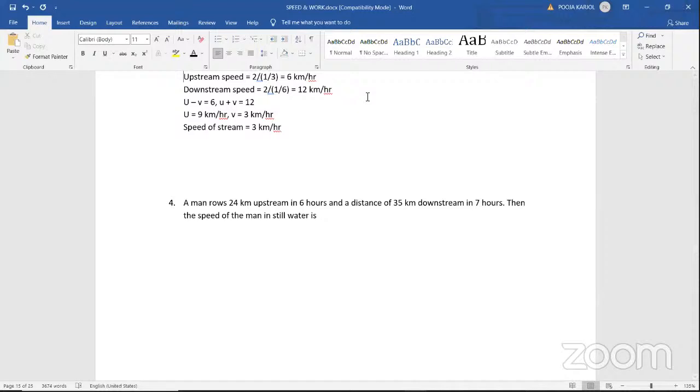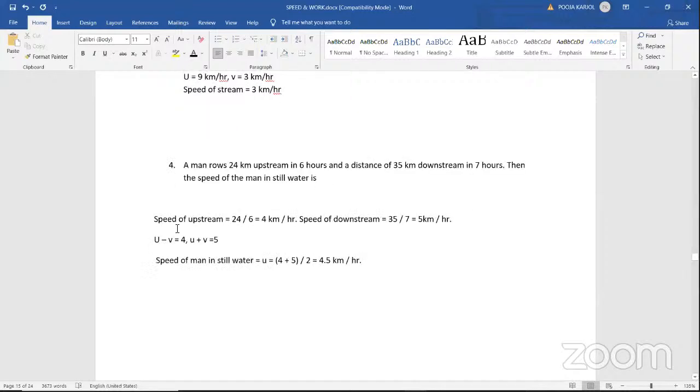Speed of the man rows 24 kilometers upstream in 6 hours. Upstream time taken is 6 hours. They're given two different distances. Okay. I'll write here distance for upstream. If you cannot do it directly, always categorize it.